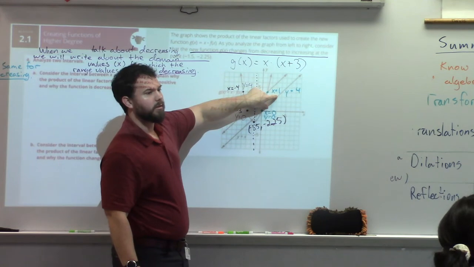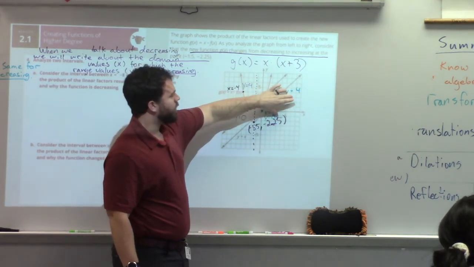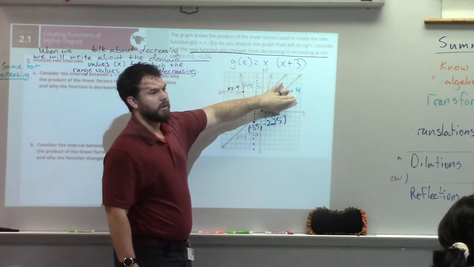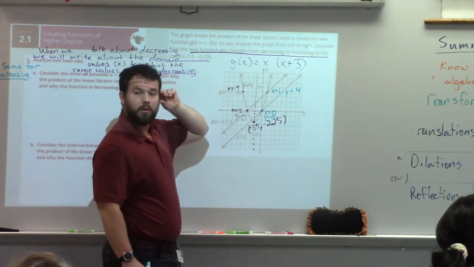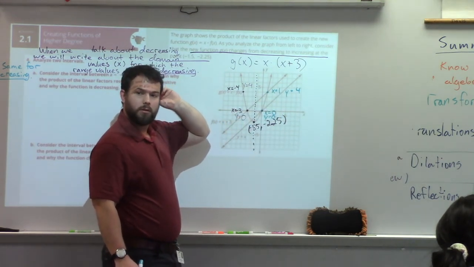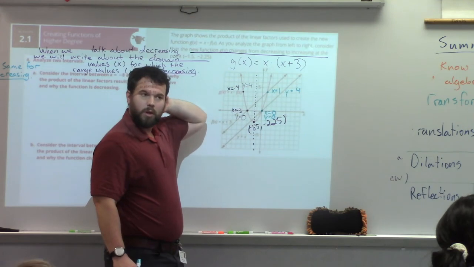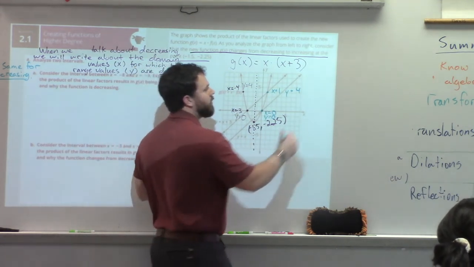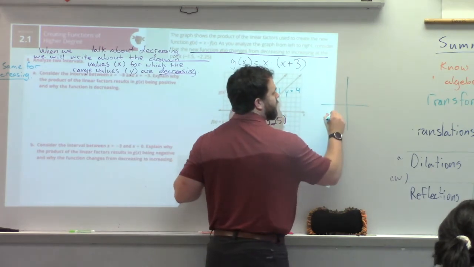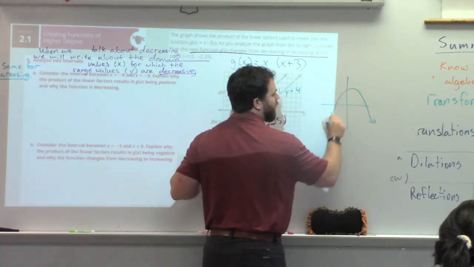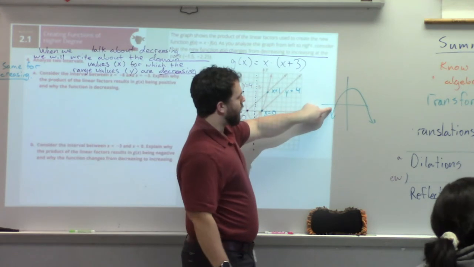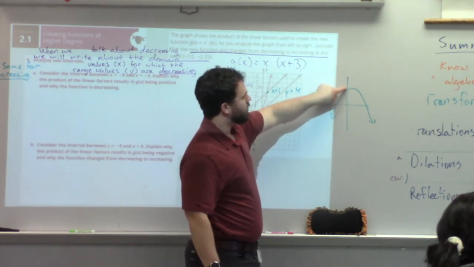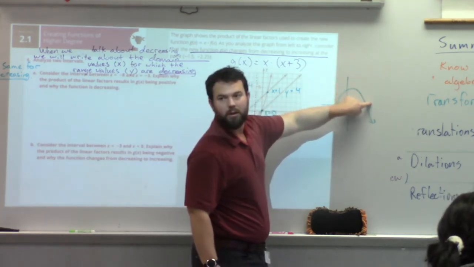When we talk about increase and decrease, we're talking about the y values increasing. Is it always going to increase on the right-hand side? Not necessarily. They are in this case. But if you have a concave down parabola, what are my y values doing right now? Increasing, and then on the right side they are decreasing.